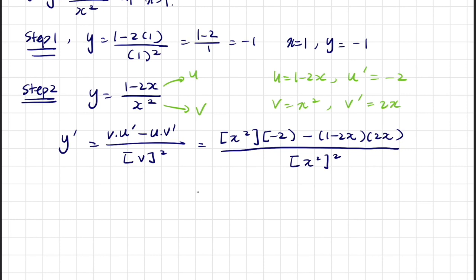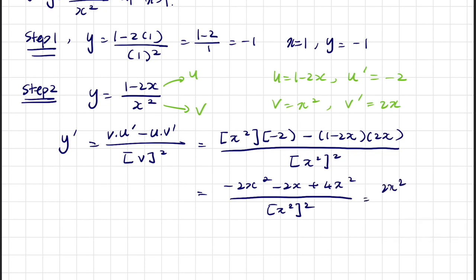Then we can simplify this equation. We get negative 2x squared minus 2x plus 4x squared over x to the power 2. Then this is the same as (2x squared minus 2x) over (x squared) to the power of 2.